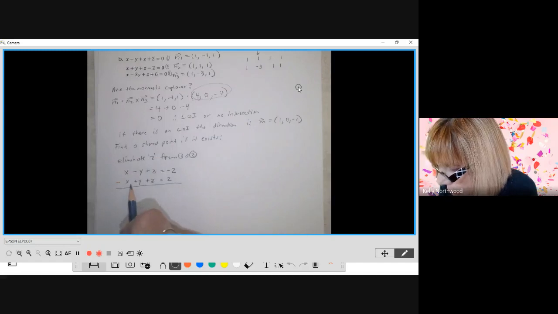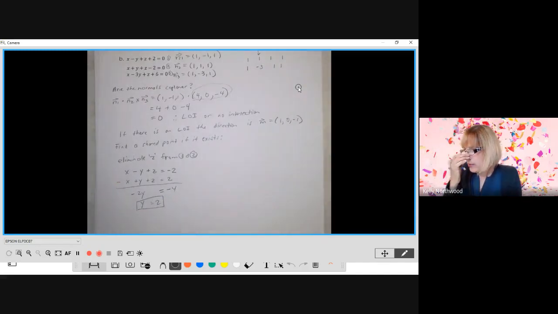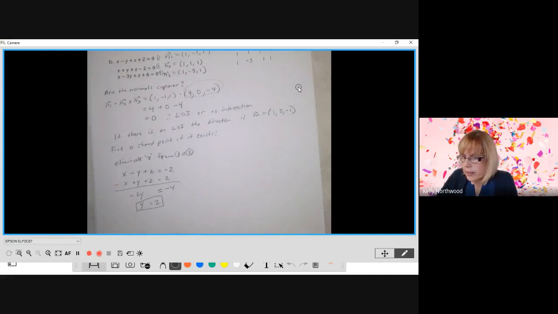So if we're eliminating Z here, we had to subtract, but the X's also eliminate. So we end up getting negative 2y equals negative 4. So we get y as a constant. So y is automatically 2 at our point of intersection.